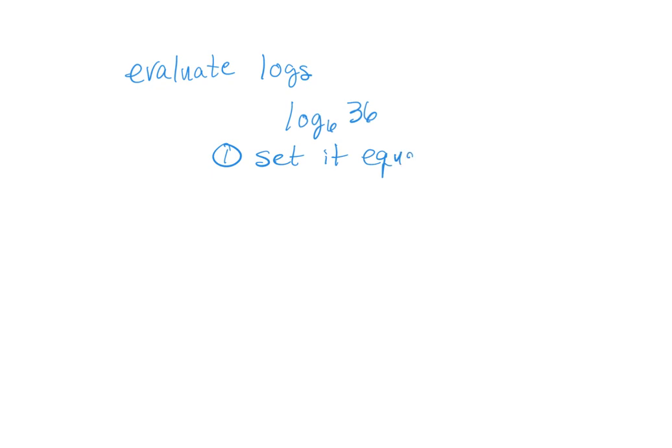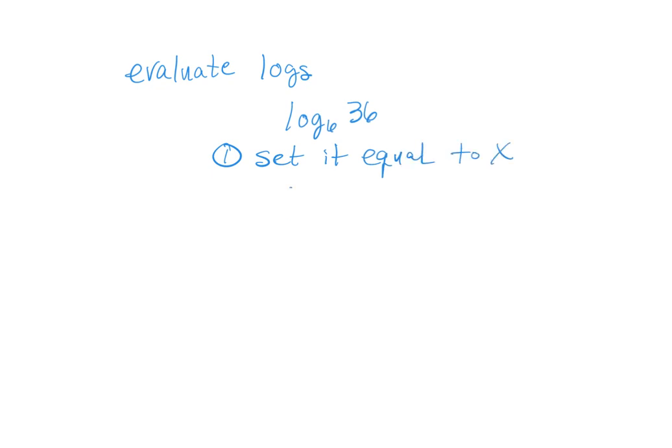Next, we are going to learn how to evaluate logarithms. So if we're given a log and we need to evaluate it, the first thing that I want you to do is set it equal to x.